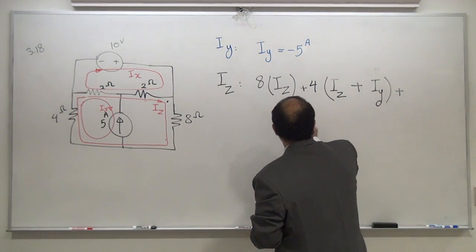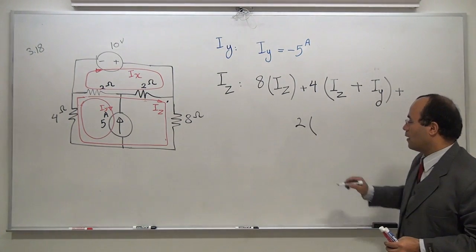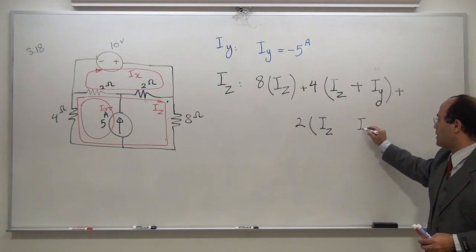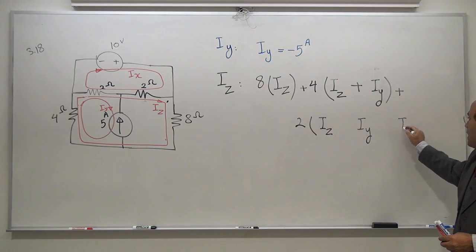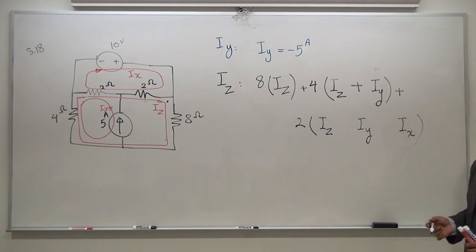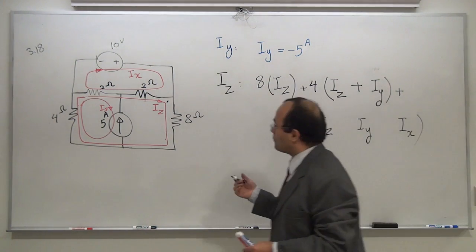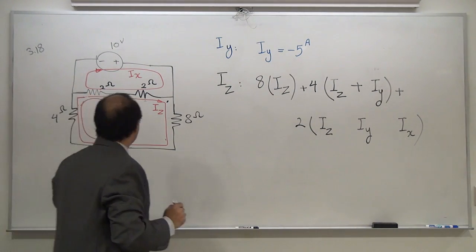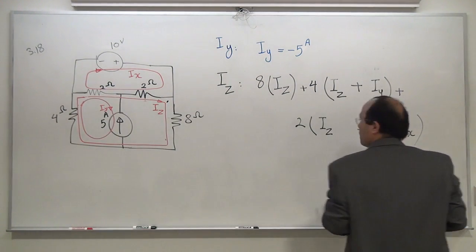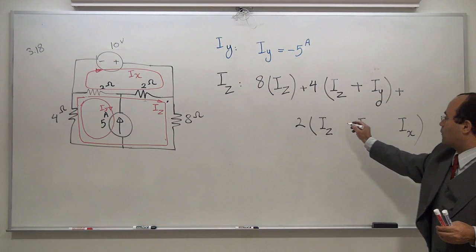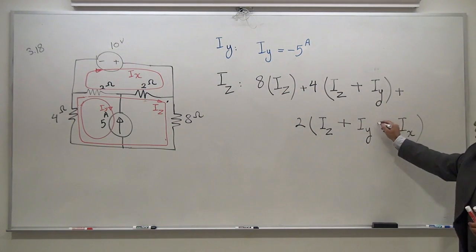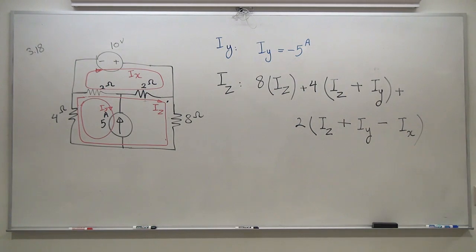So it's +2 times IZ is the master, IY is the slave, IX is the slave. I have 3 currents that go through this 2 ohm. But I can see IZ and IY are in the same direction, and the outcome is opposing with IX.